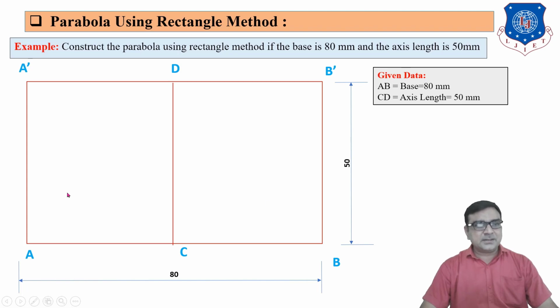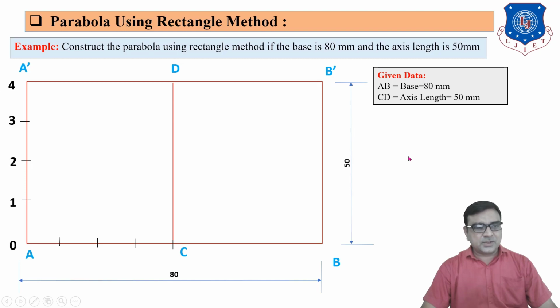Now in this method, first of all, we have to divide this AA dash line into n number of equal parts. Here I divide AA dash into 4 number of equal parts. And also the half of base AC divide into same number of equal parts.